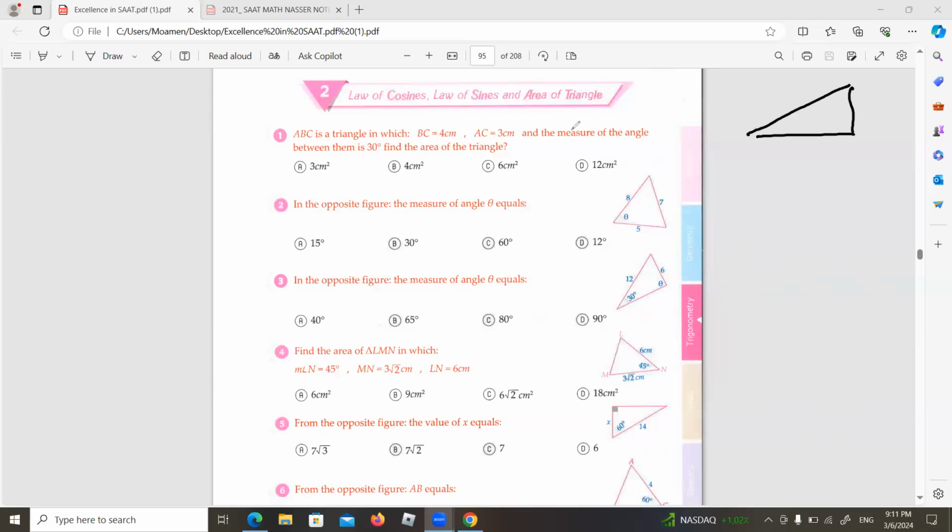In the 30-60 triangle, we notice that, mister, you don't give me that this angle is 90. But you see, the side opposite to the angle 30 is 6, and the side here is 12. It means it's double. So this property is satisfied. What is the property? In a 30-60 triangle, the angle is 90 directly. Okay, we can solve it by sine.